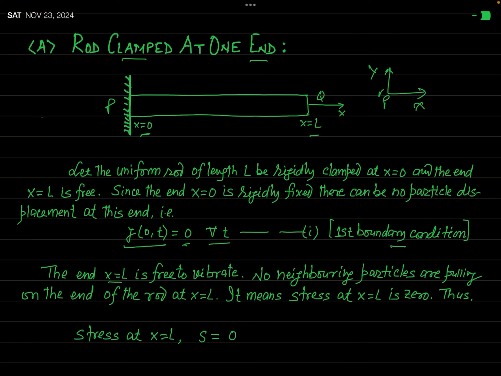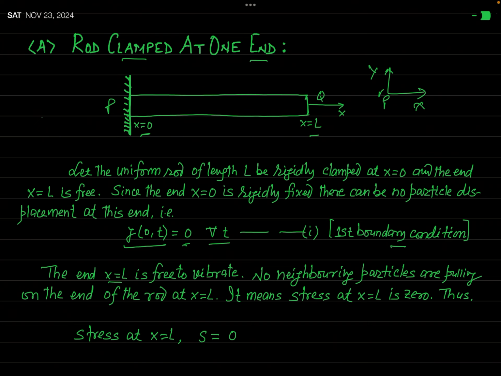So the condition at x equal to L must express the fact that this end is free. This means that the particles at x equal to L are free to vibrate and are under no stress. Why can you say that the particles at this end Q are under no stress?